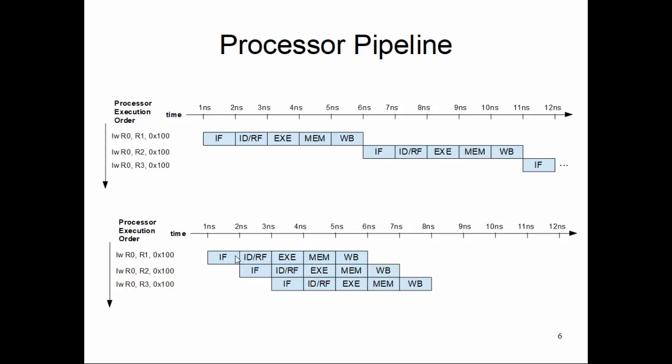So we are not improving the number of cycles or the amount of time needed to execute one complete instruction. What is being improved is how many instructions I can complete during a unit amount of time.